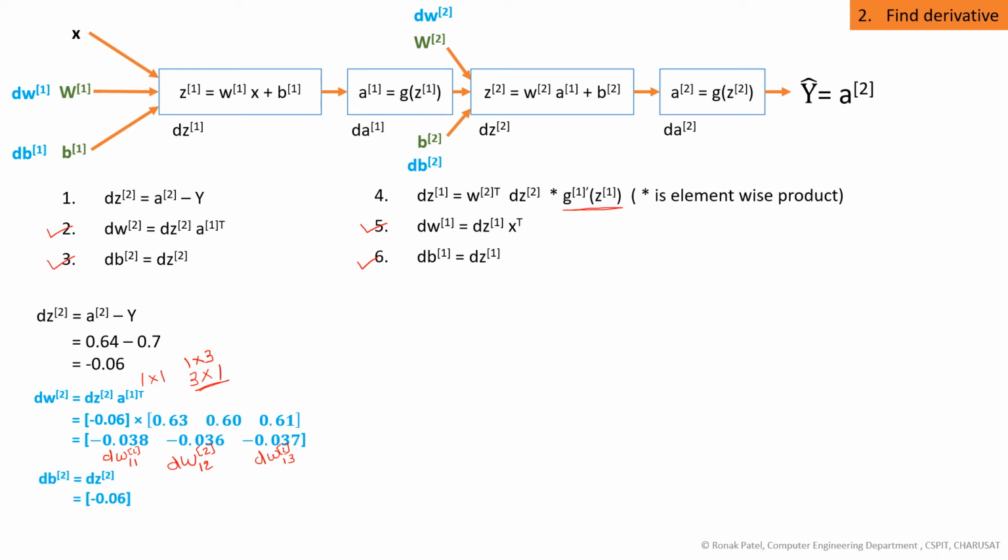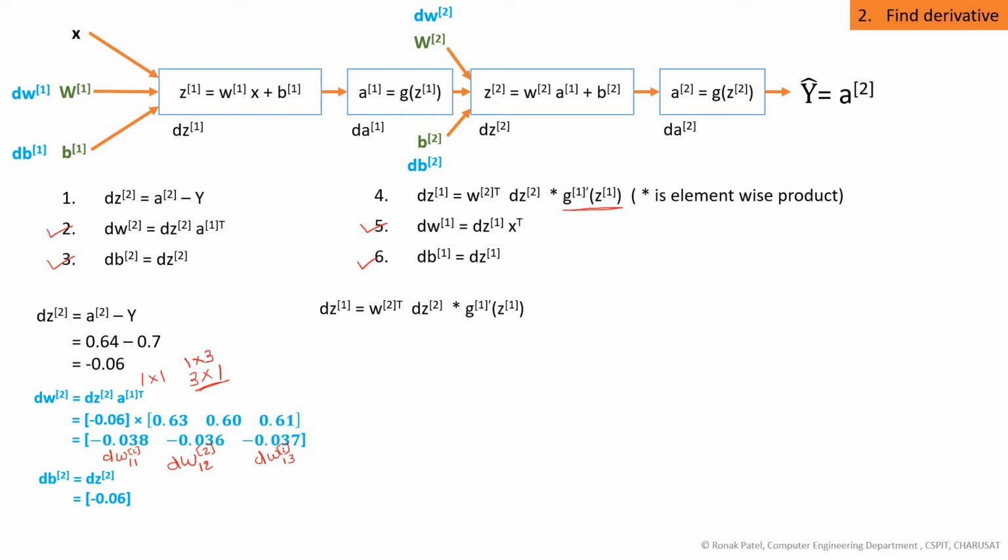Now the next is db2. db2 is your dz2, that is minus 0.06. We have only one neuron there, so you get 1 cross 1, that is minus 0.06.